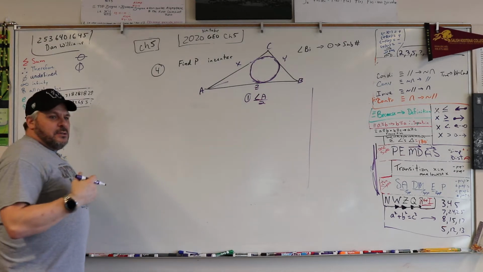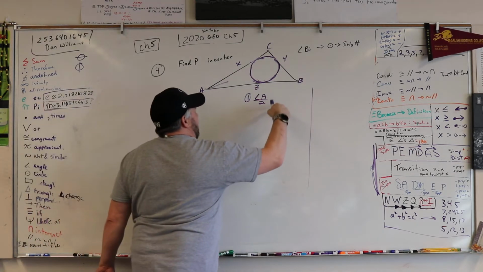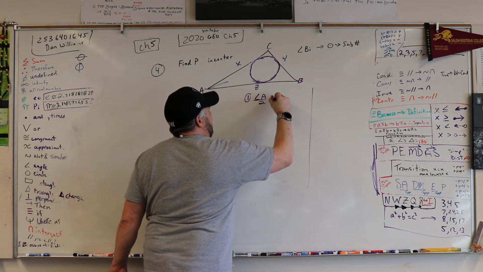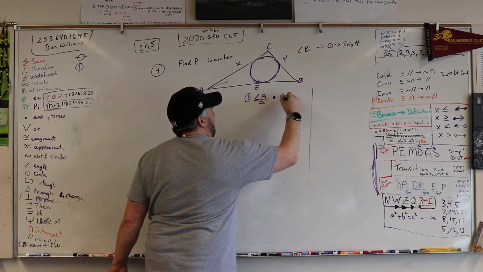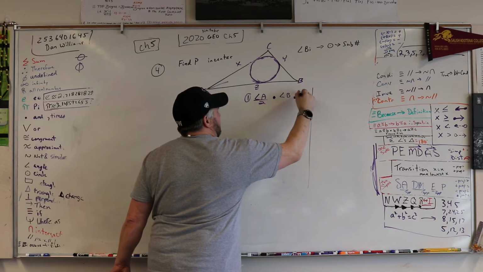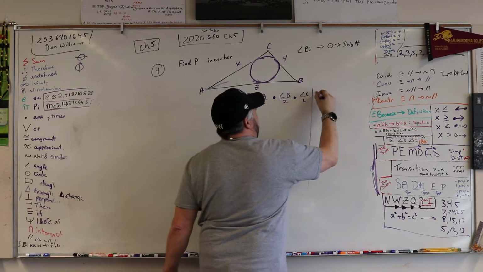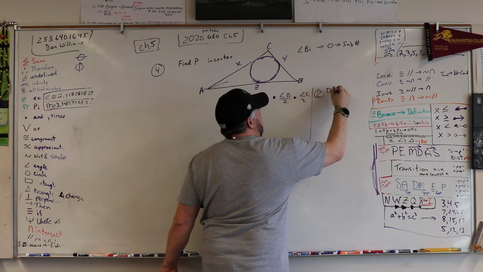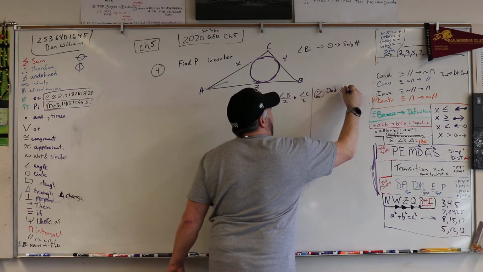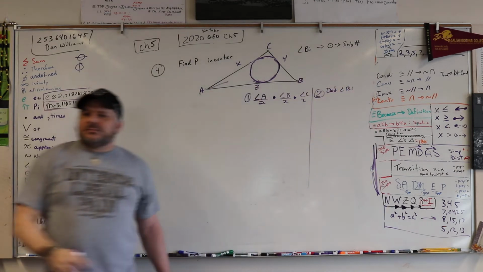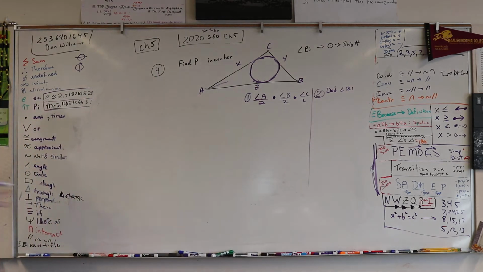And I'm also going to do angle B and C, and I'm going to cut all of those in half by doing what's called the definition of an angle bisector. So all we're doing is cutting the angles in half.